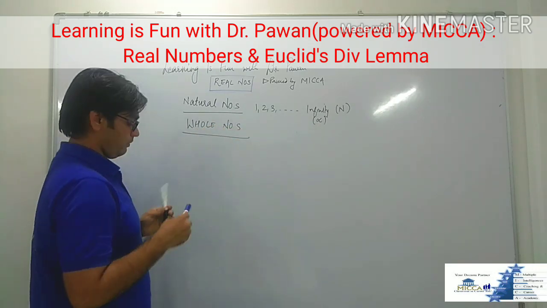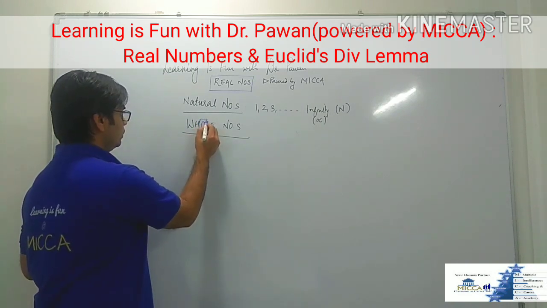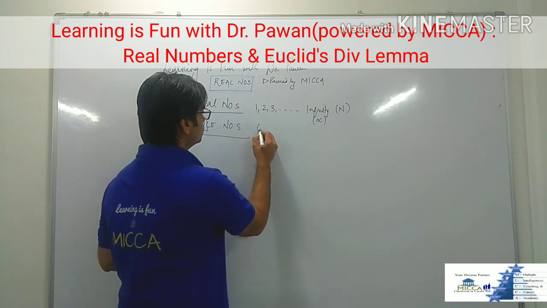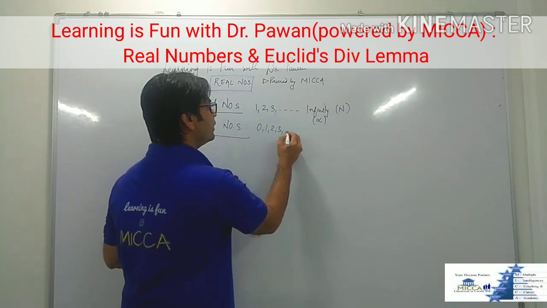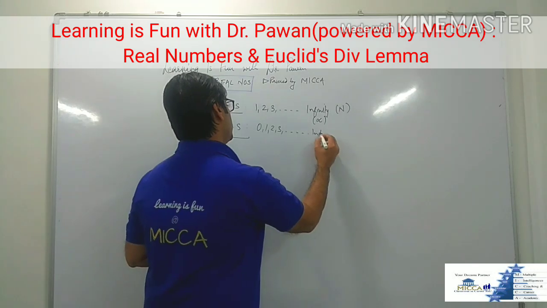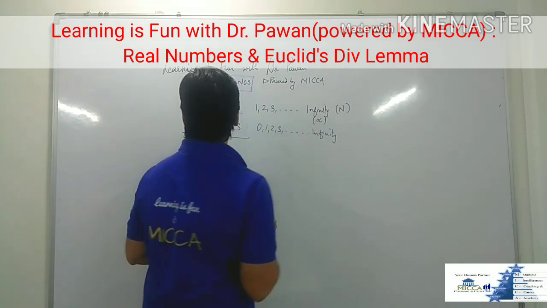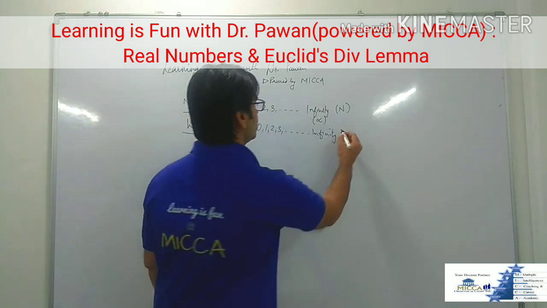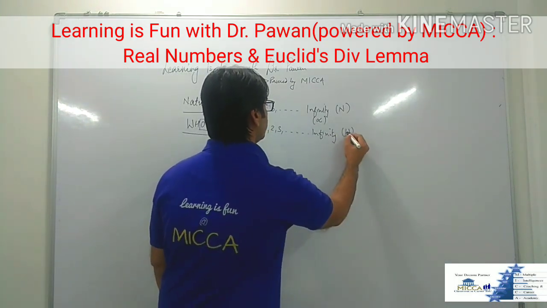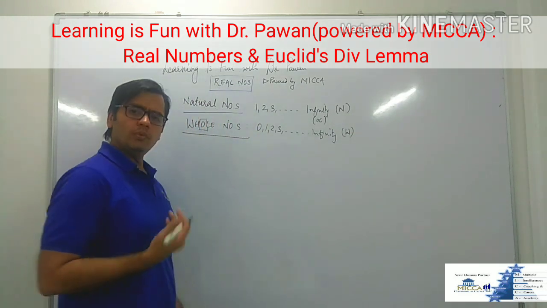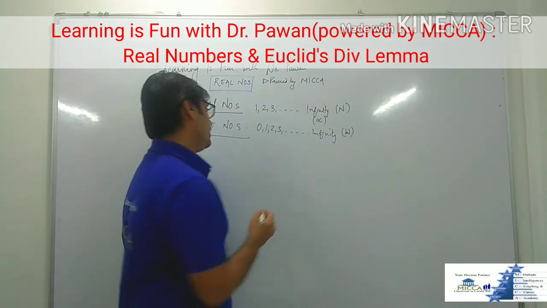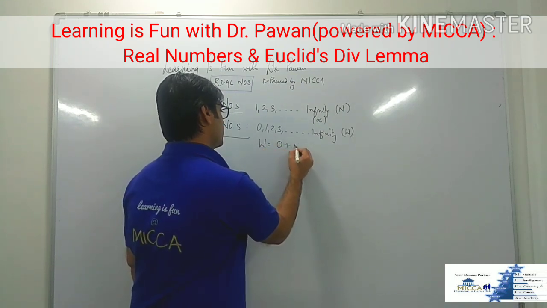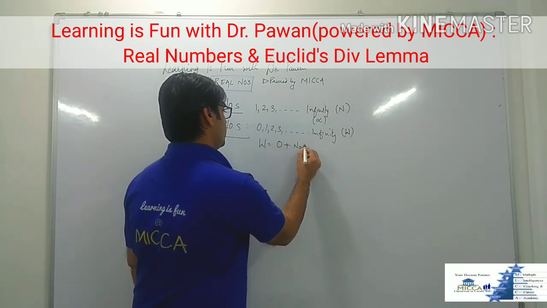Whole numbers begin from 0, 1, 2, 3 and go on to infinity. Whole numbers are denoted by the capital alphabet W. In a way we can also say that W equals 0 plus N, which is natural numbers.